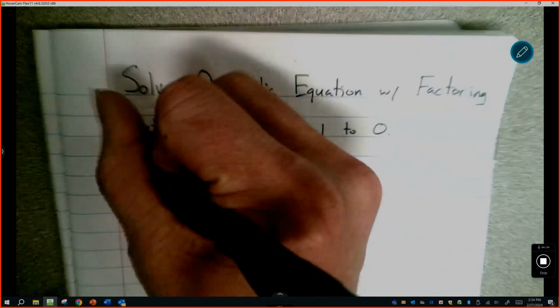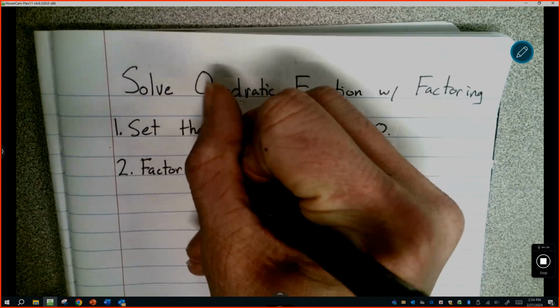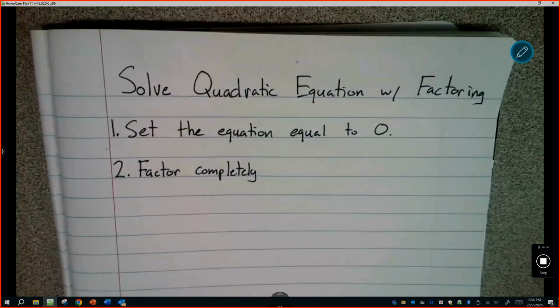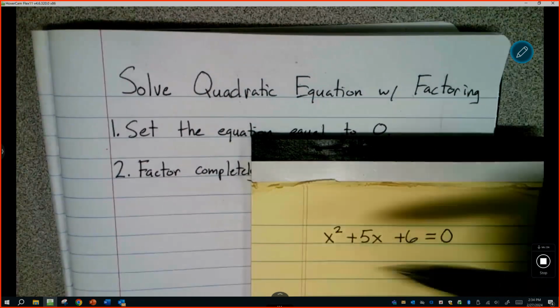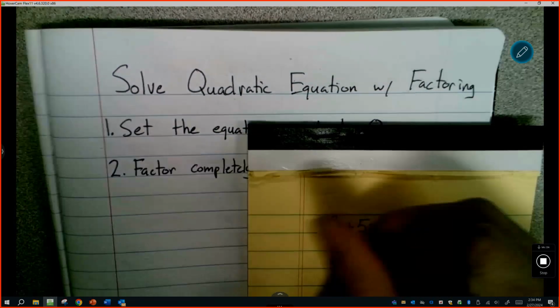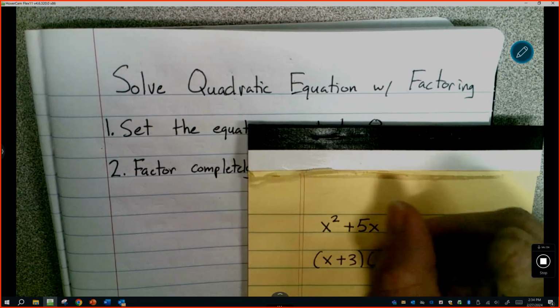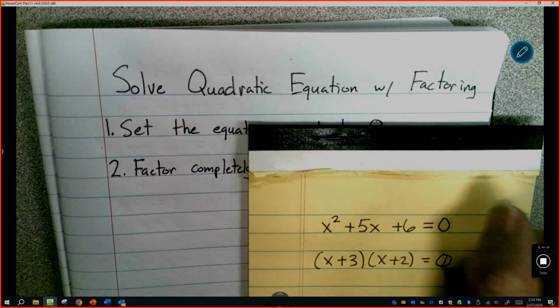So we're going to factor this completely. Okay, and then after you factor this completely, I'm just going to quickly show you the factors. And it's still going to be set equal to 0.